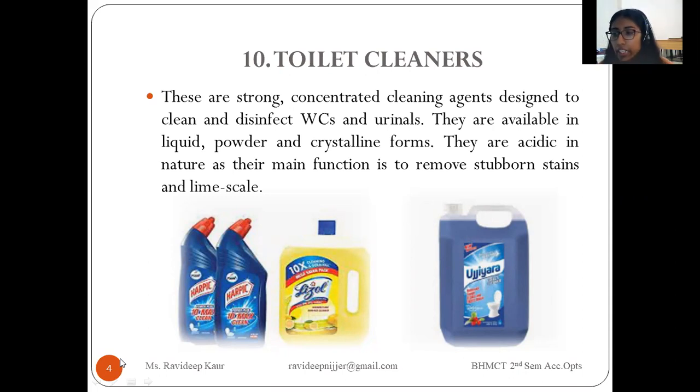So toilet cleaners are acidic, and their function is to remove the stiff stains and the lime scale, the yellowness on the WCs. So this is how the toilet cleaner is made, and where it is used.